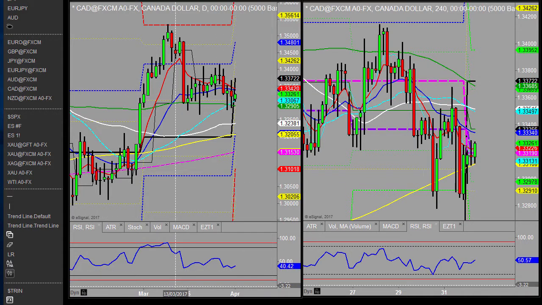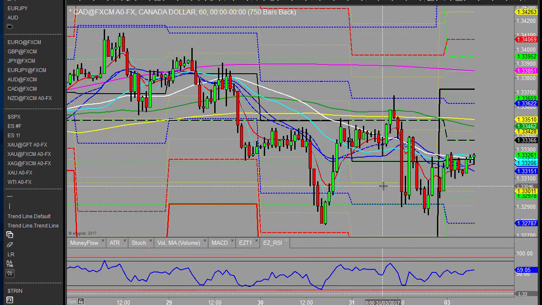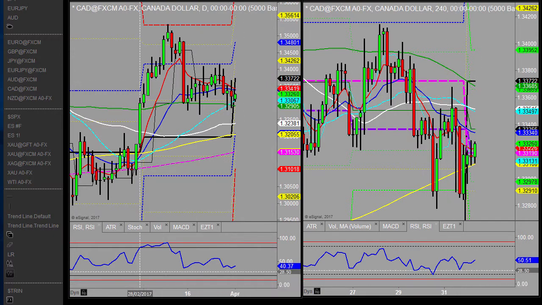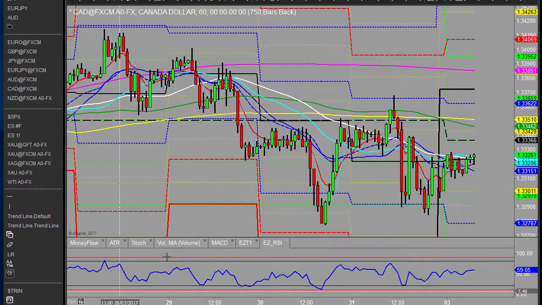Trend-wise, it doesn't really show too well on these time frames. It shows clearer on the 60-minute.